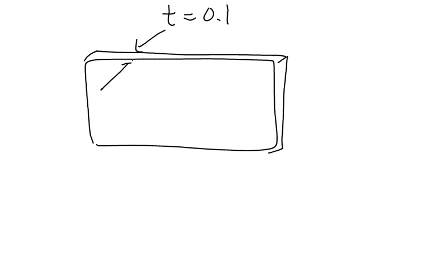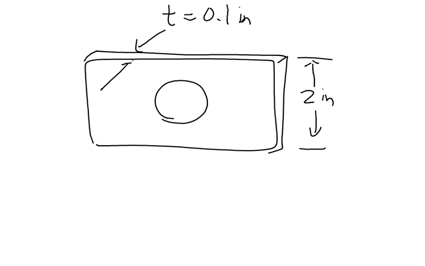Let's say you have a plate with a thickness of 0.1 inch, okay, and then the original width is maybe 2 inches, and you've got a hole here that's 1 inch diameter.